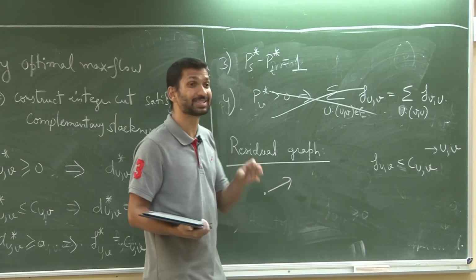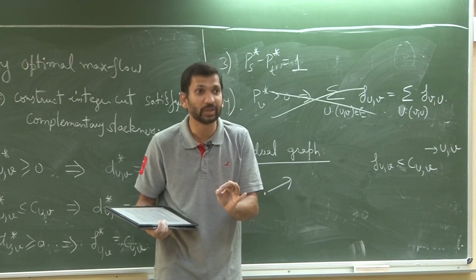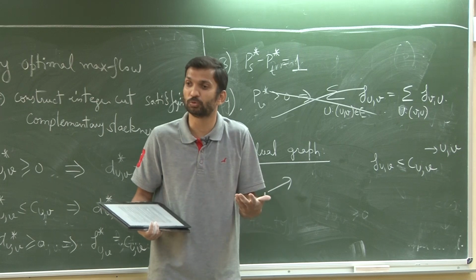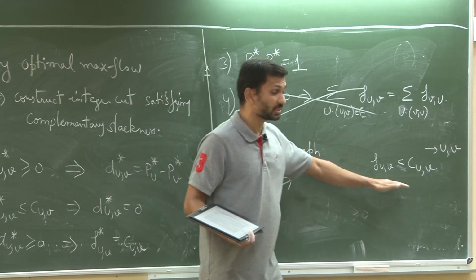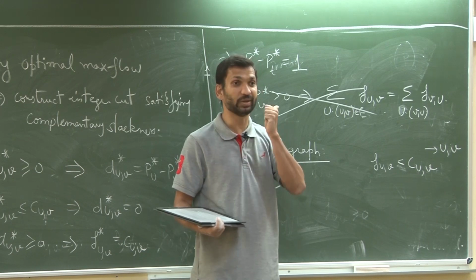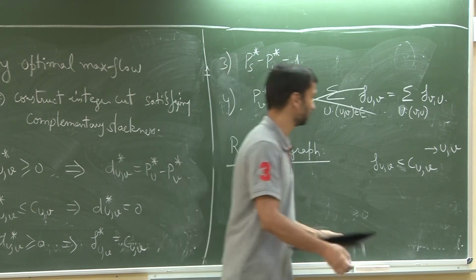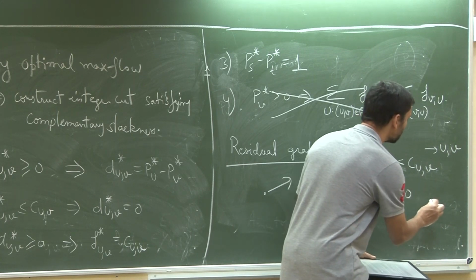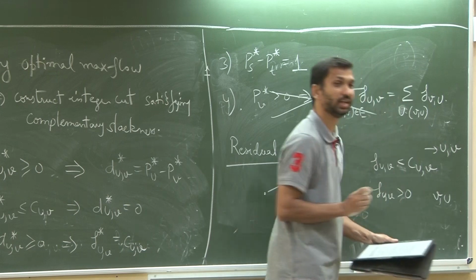Remember, this residual graph is defined with a flow in mind. Once I have a flow, I define the residual graph to improve that flow. This is one. There is another thing. It could also be that I am going the opposite way with some positive thing. So if FUV is strictly greater than 0, then I include the edge VU.